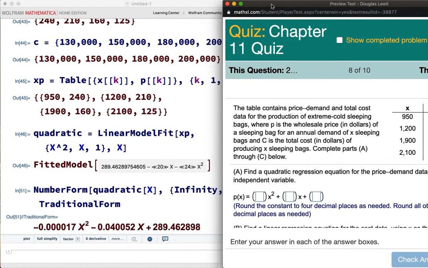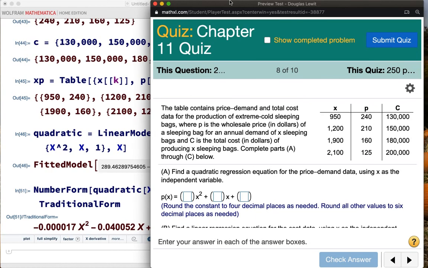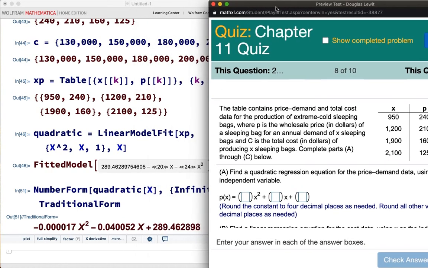So it says here, round the constant to 4 decimal places, round all other values to 6 decimal places.